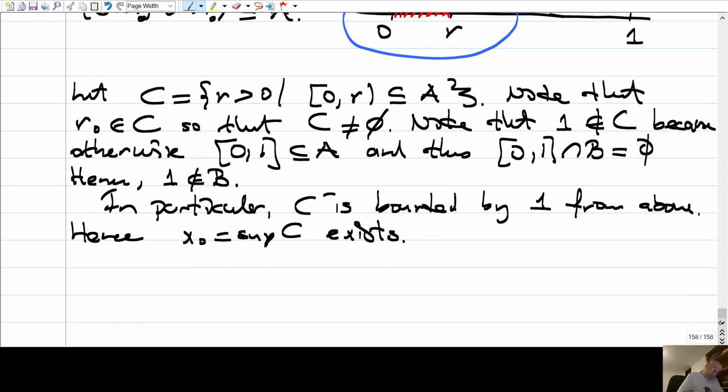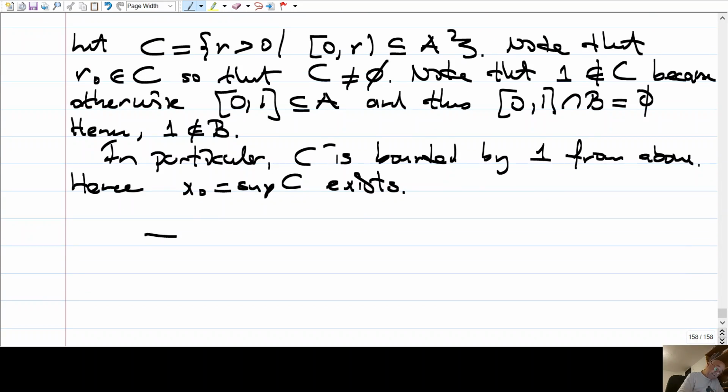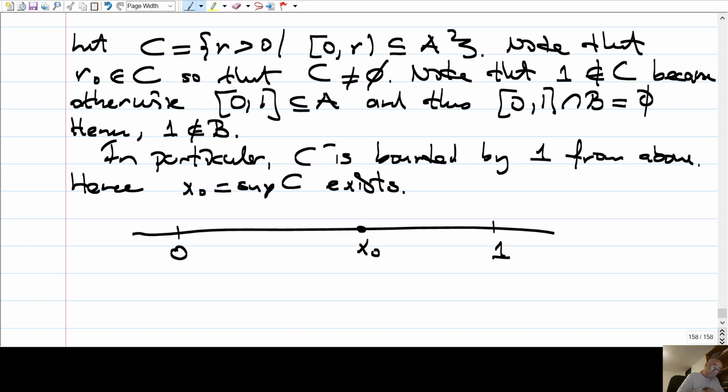So what is this x0? You start from 0, and here is 1. x0 is somewhere here. Actually it can be 1, I don't know, but it is the supremum of this set.